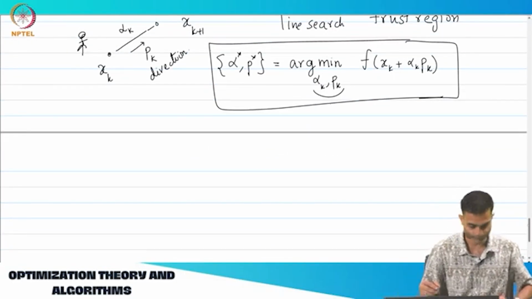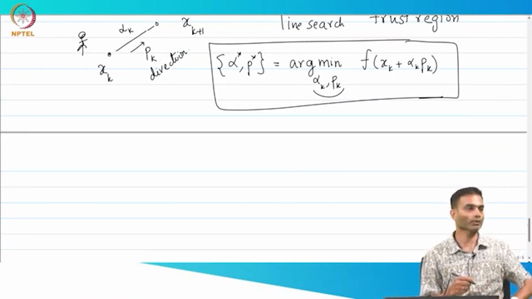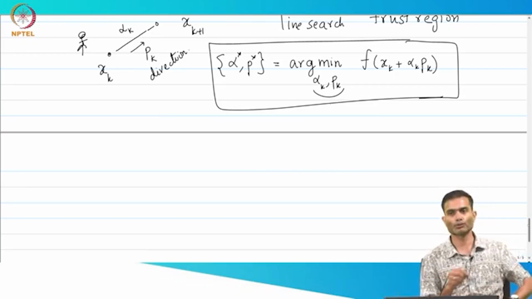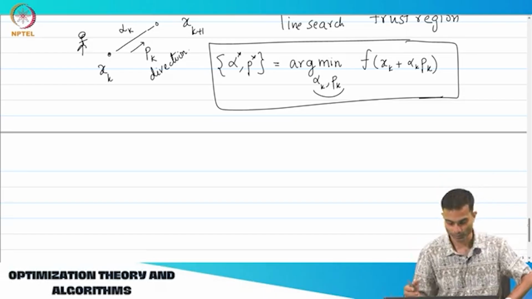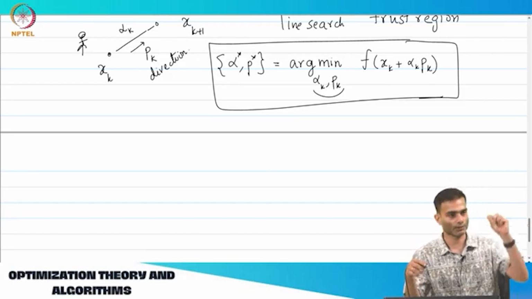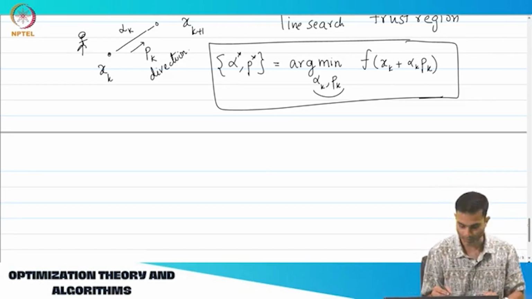We'll start by talking about line search algorithms because they are the most popular algorithms. In fact, what everyone loves these days, machine learning, takes one of the members of that family.